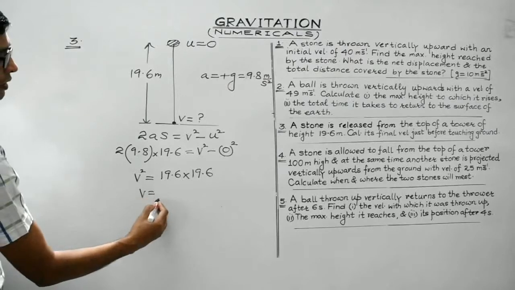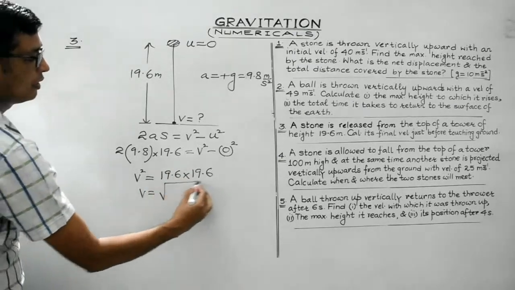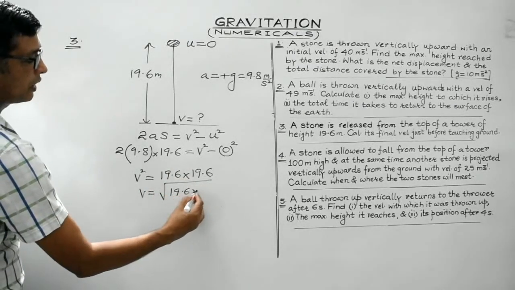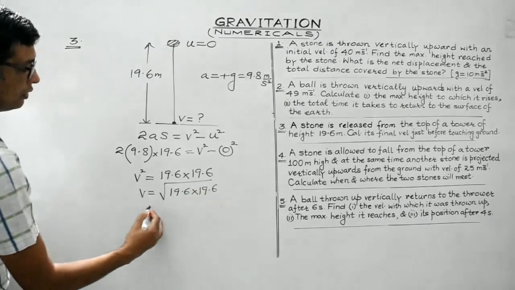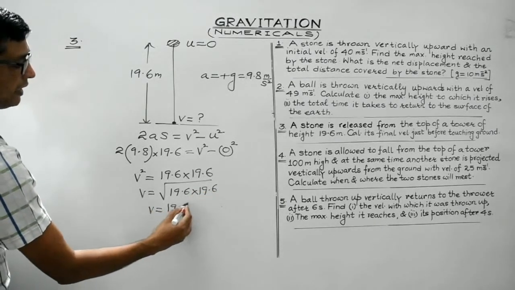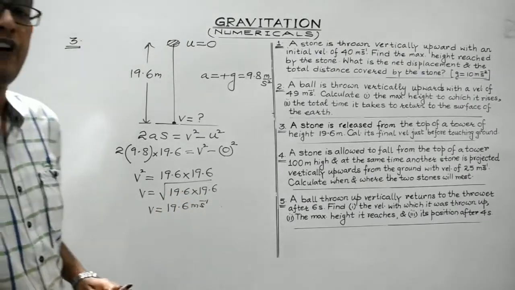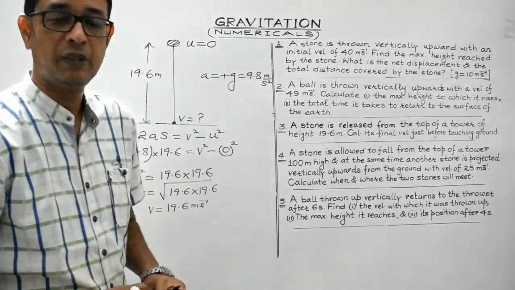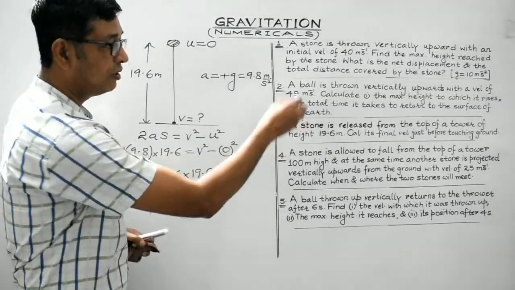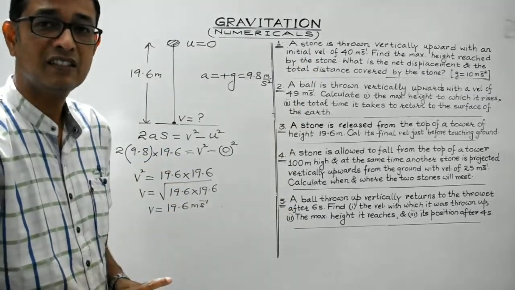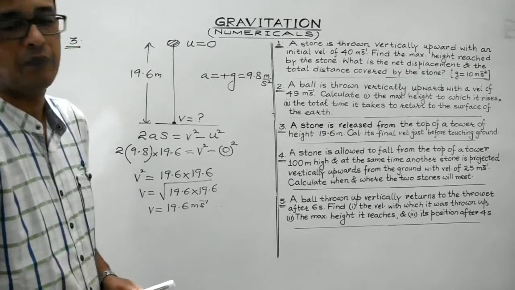So v would be the square root of 19.6 multiplied by 19.6. So it is 19.6 meter per second. So the final velocity with which the stone strikes the ground is 19.6 meter per second.